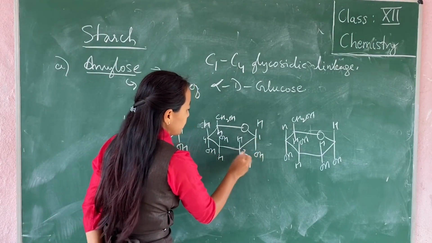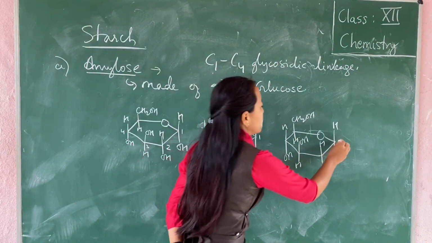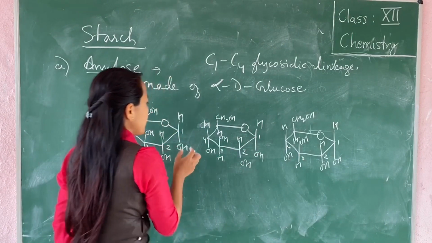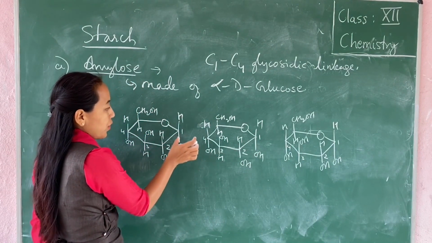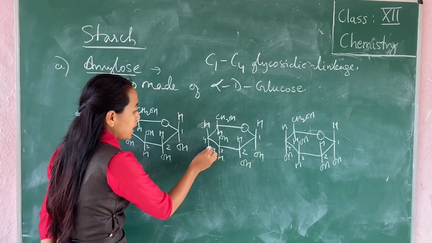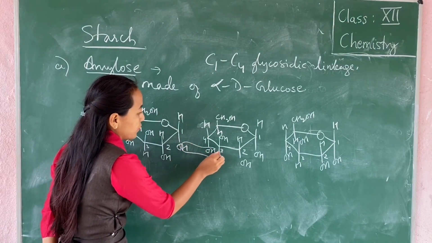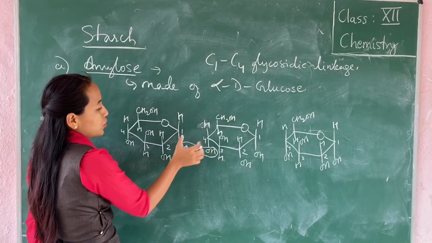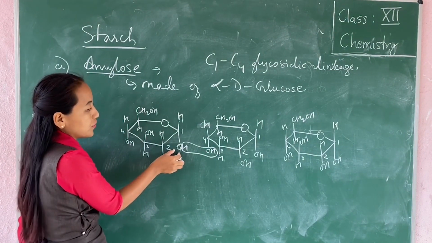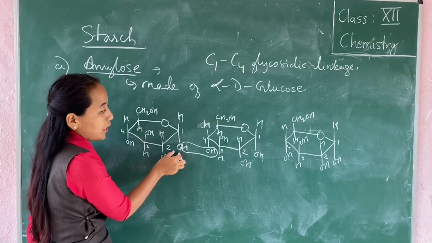C1, C2, C3, C4. Here also C1, C2, C3, and C4. This OH on the C1 and this OH on the C4 will react together, and a water molecule is removed. And these two are joined through this oxygen atom. So it is an oxide linkage, which is also called as glycosidic linkage.